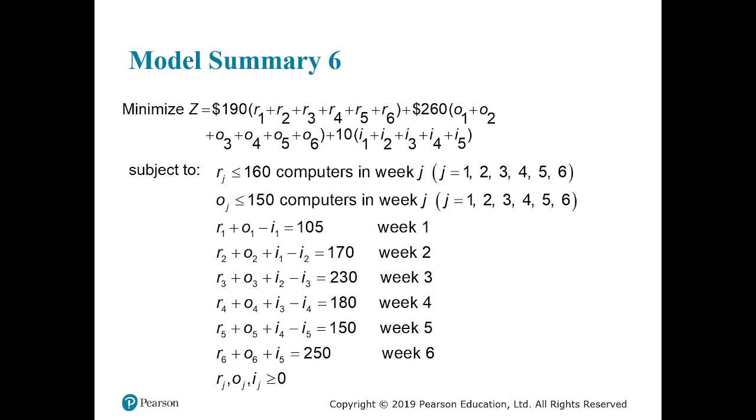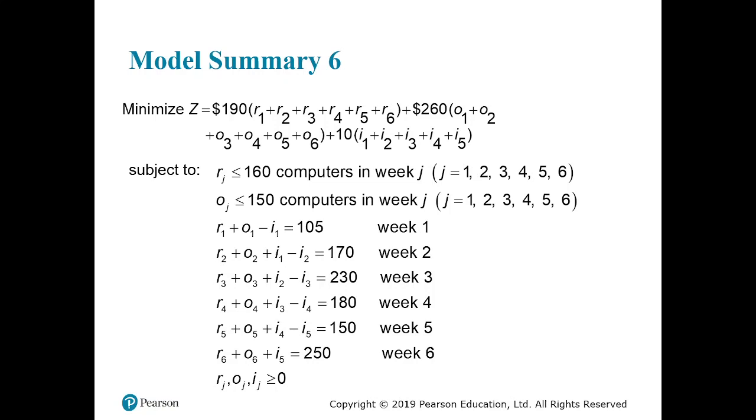So what are the constraints that we have? Now let's look at this one. Rj, the regular capacity, must be any number below 160, because the regular capacity is only up to 160. You cannot produce more than 160 under regular production. If you need more, then it should be under overtime. The overtime is mentioned somewhere in the text: the available overtime production capacity of 50 computers per week.